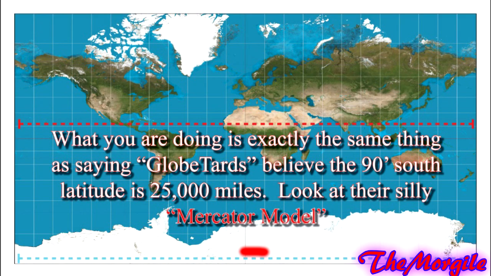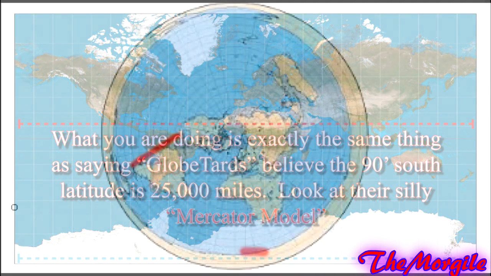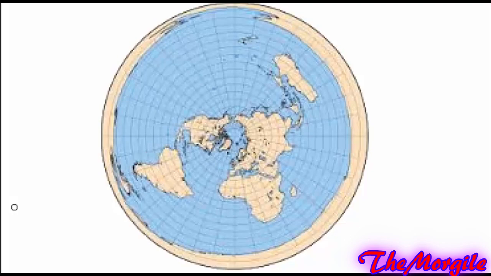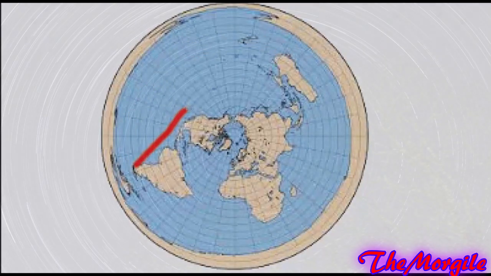And similarly, the further you get from the central point of any AE projection, and whether that central point is the North Pole, which is usually how you'll see it presented, which makes some degree of sense, seeing how the North Pole star Polaris remains central, 90 degrees overhead of the central north.